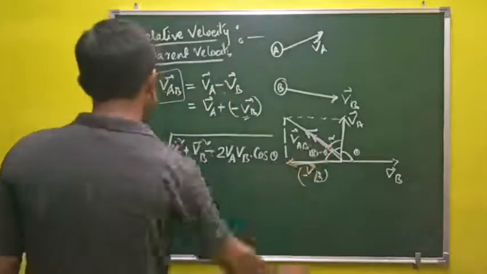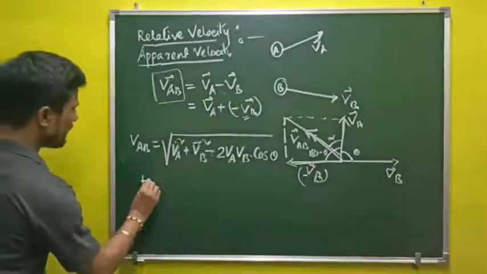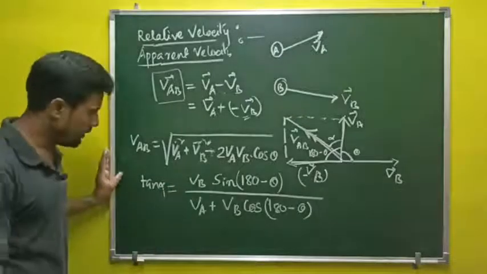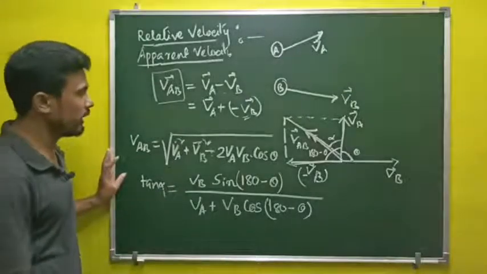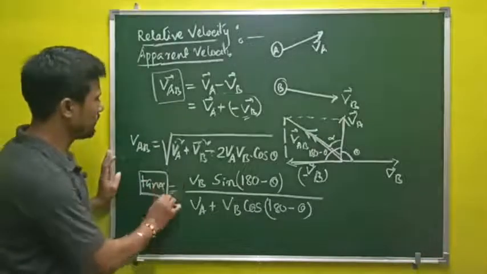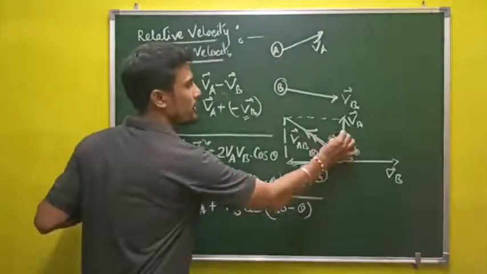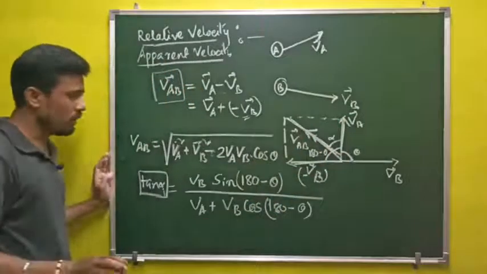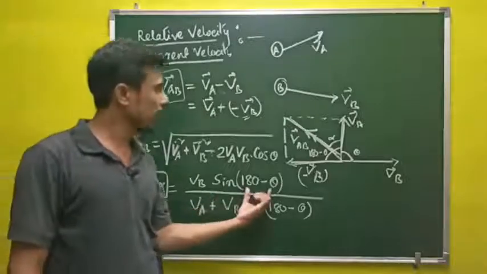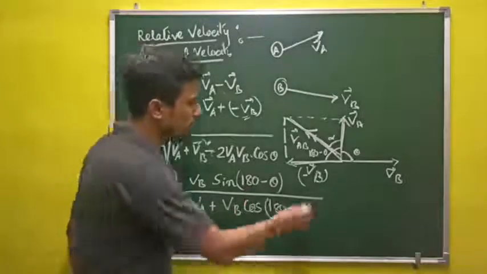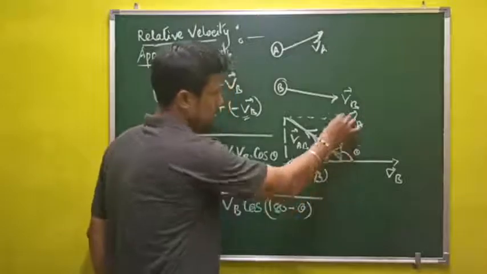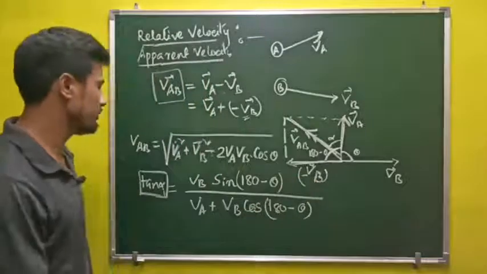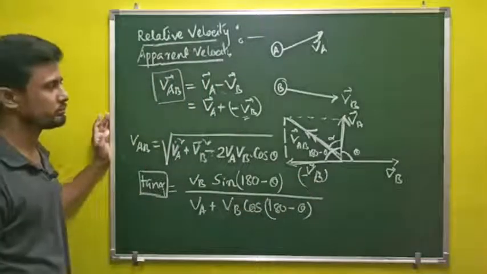So this alpha angle will be given by tan alpha, which is the angle between the VA vector and the resultant VAB. Here sin of 180 degree minus theta is the angle between VA and the negative vector of VB. You just write it all down.